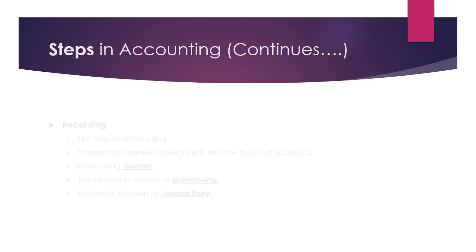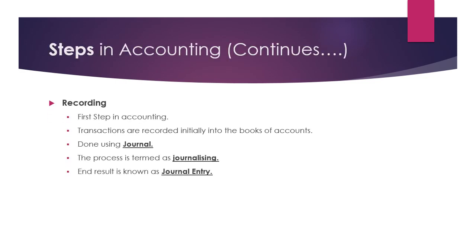Recording. Recording is the first step in accounting. Transactions are recorded initially into the books of accounts. It is done using journal. The process is termed as journalizing and the end result is known as journal entry.